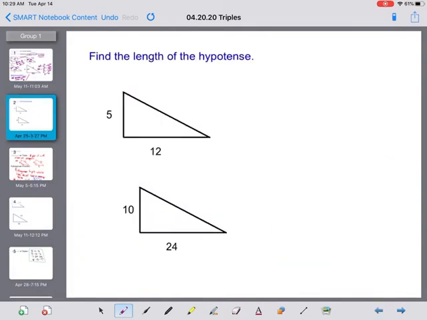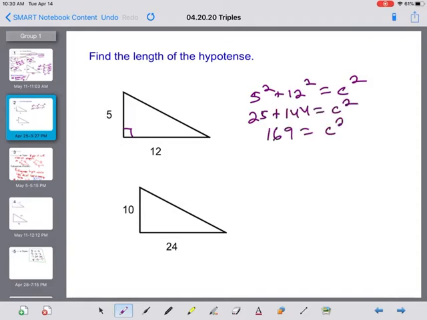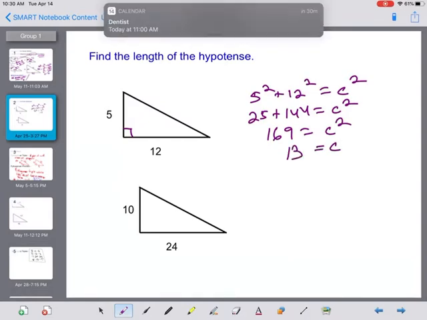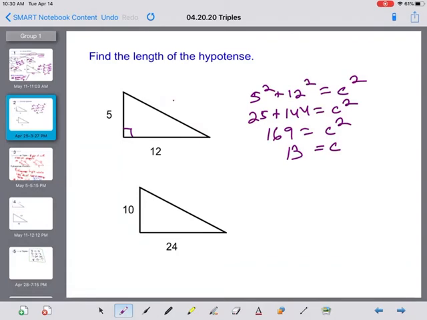So go ahead and find the third side of this triangle. So 5 squared plus 12 squared equals c squared. So that's 169 equals c squared. Take the square root of both sides, and you get 13.